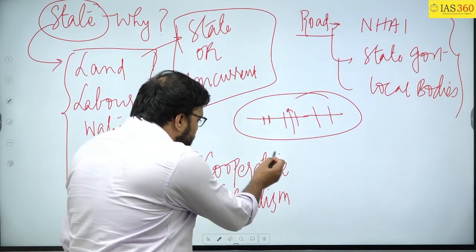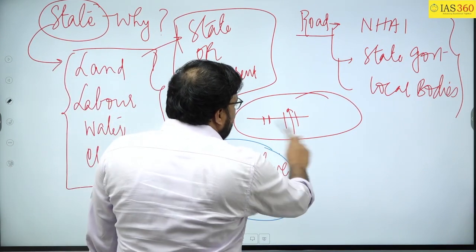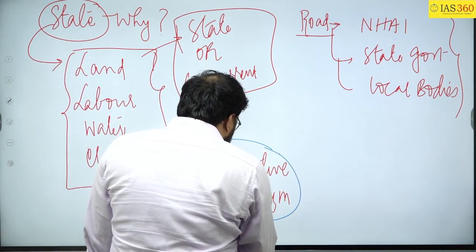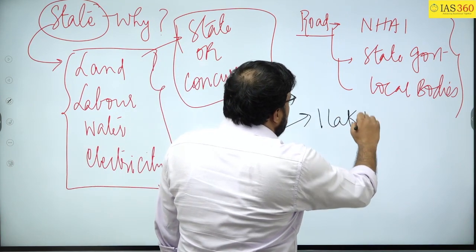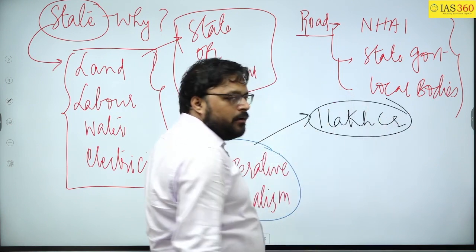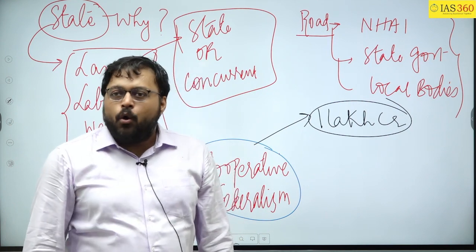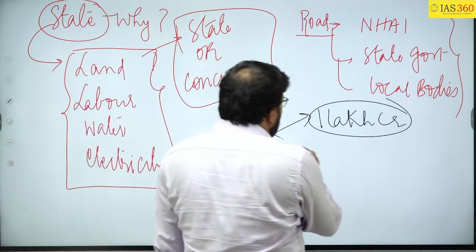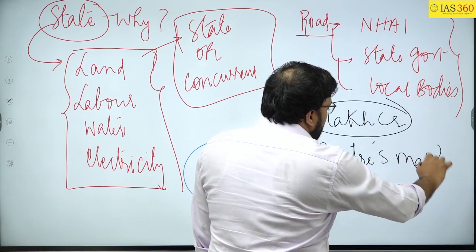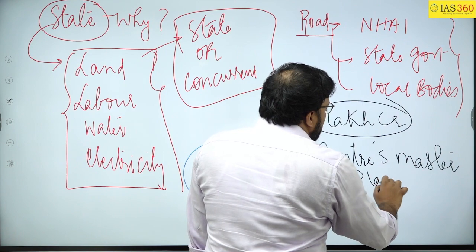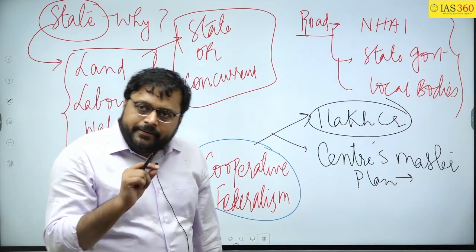So what steps have been taken under the aegis of cooperative federalism? First, 1 lakh crore rupees have been given to the states so that they can focus upon the infrastructure projects in their own state. Second, in the center's master plan, the integration of the state's infrastructure will be done.